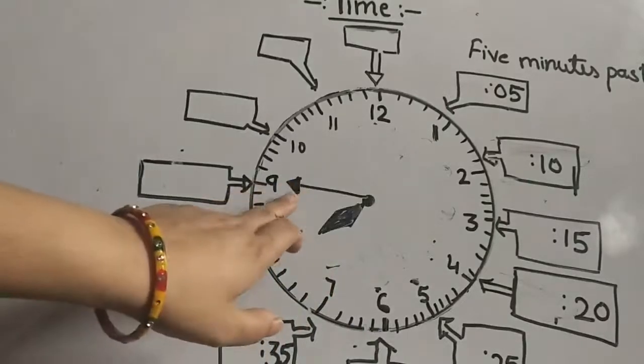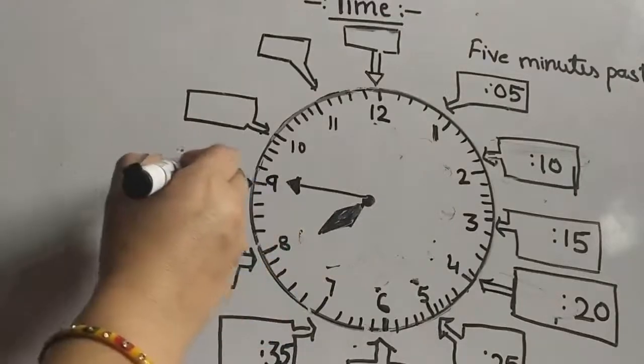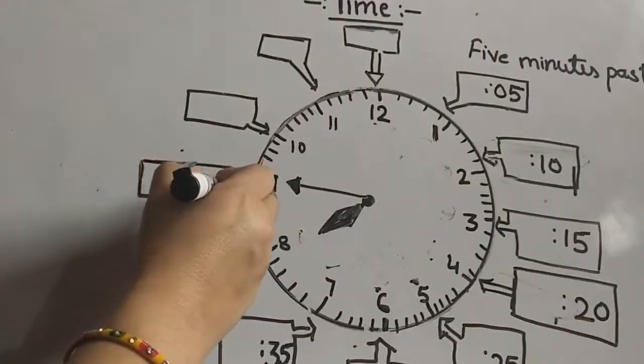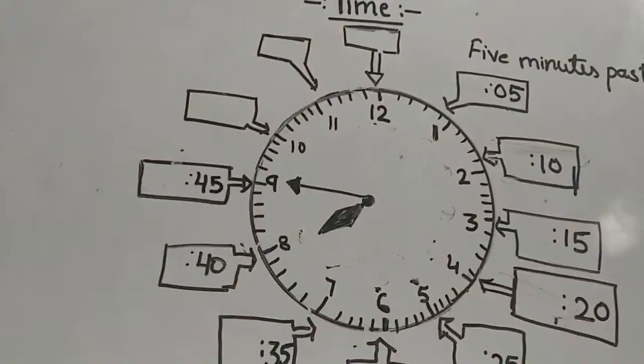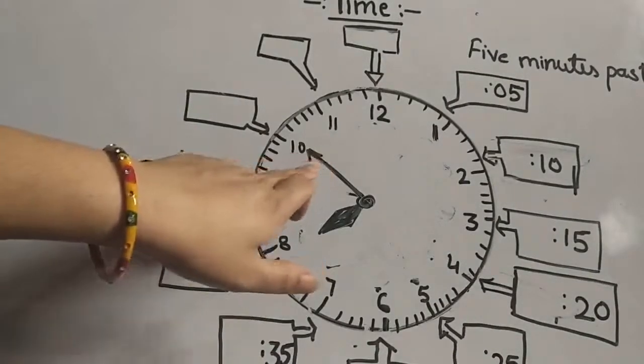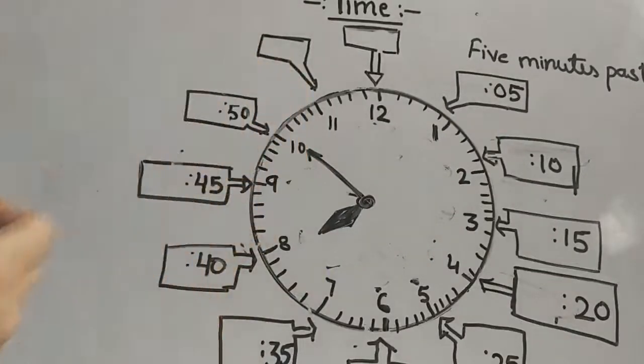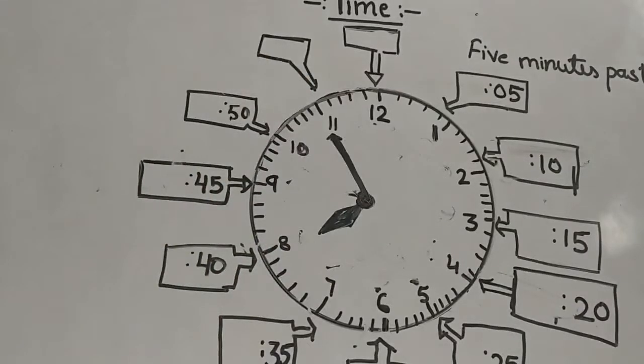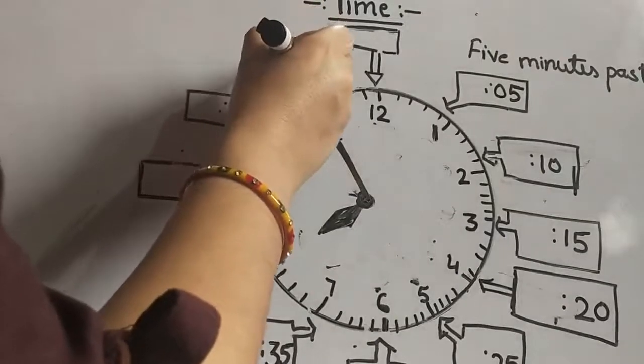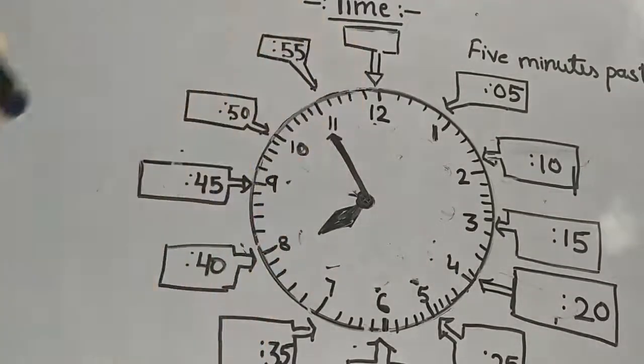Our minute hand is in 9, it means 45 minutes, or we can say quarter to next. Like this. Now our minute hand is in 10, it means 50 minutes or 10 minutes to next hour. Now our minute hand is in 11, it means 55 minutes past or 5 minutes to next hour.